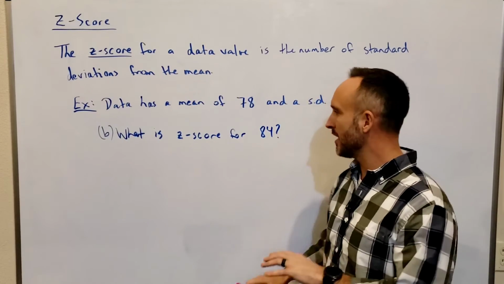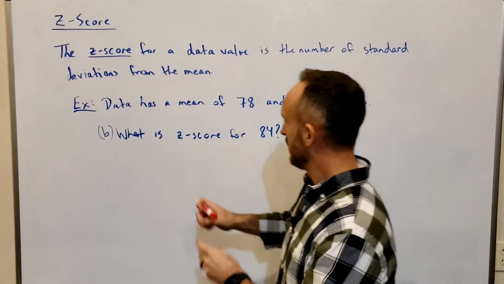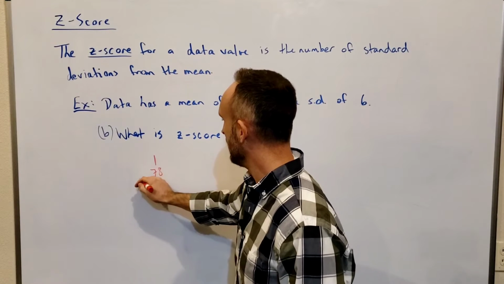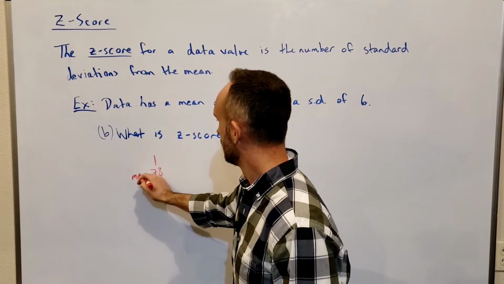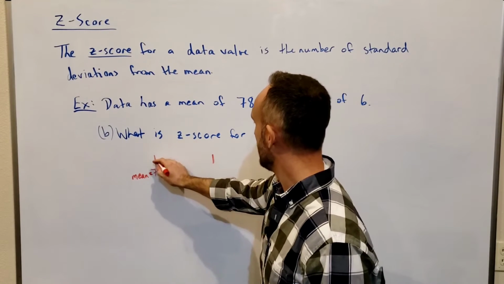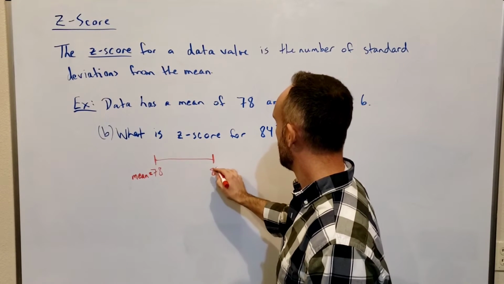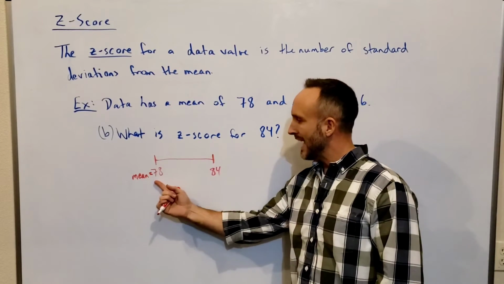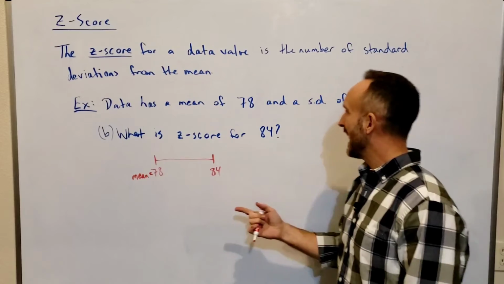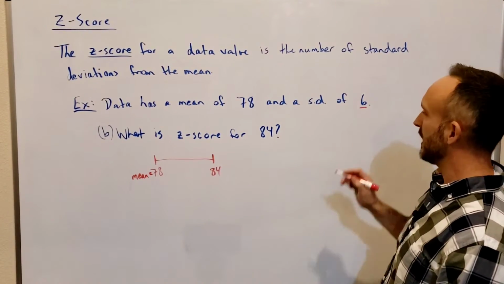Well, if you think about the data, we have a mean of 78. That's our mean. And then 84 is over here. And we want to know how many standard deviations we have here. How many units of 6 do we have?